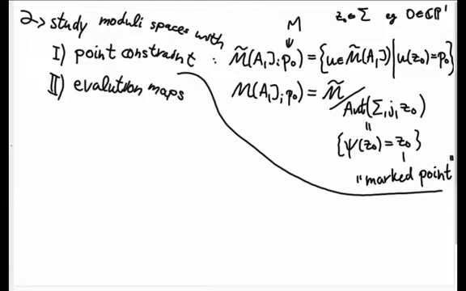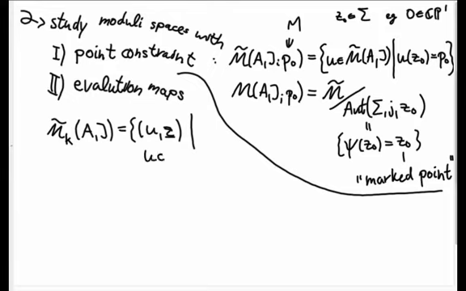If we wanted to do the same thing with evaluation maps, I would do something slightly different. So in general, for the Gromov non-squeezing, I should add one mark point. I could add any integer number of mark points. So these are now not fixed mark points. These will be freely moving mark points.